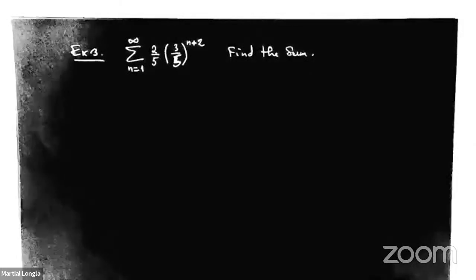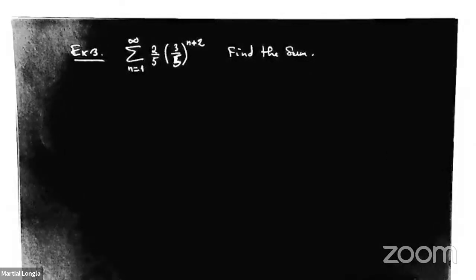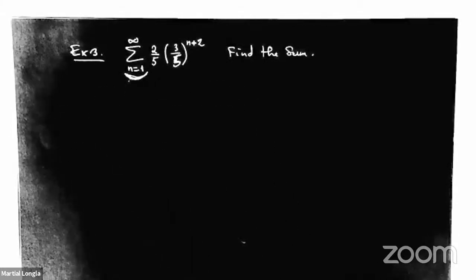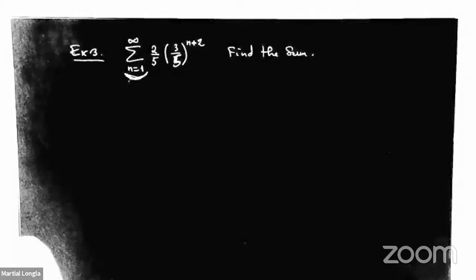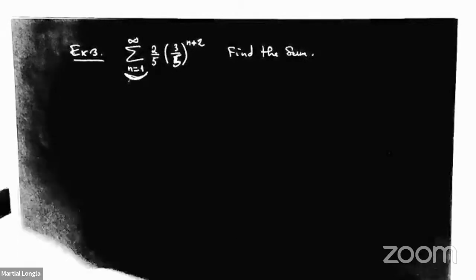And we need to find the sum. And so here, the first thing you need to see in this problem is that n here is 1, not 0. So it starts at 1. To be able to apply our formula, you need to have an n that starts at 0. So that's the second level of the problem.